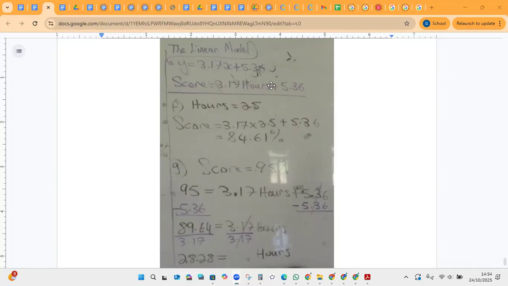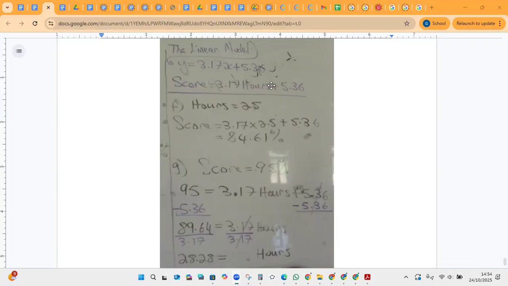That's 3.17 times 25 plus 5.36. Bear in mind, each hour your score increases by 3.17, so 25 times 3.17 plus the 5.36 you started with. So you should score approximately 85%, give and take.